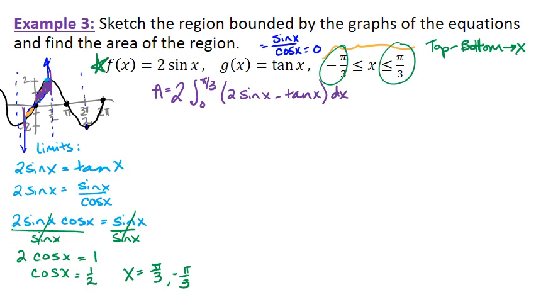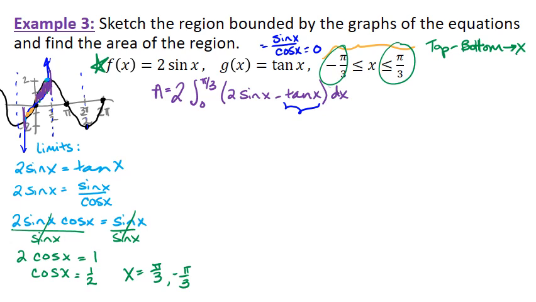Now, when I'm integrating this, your calculator can integrate this for you. You can do that, or you can do it by hand. Integrating tangent of x is sometimes something that students forget. You can look at the formula in your book or on the formula sheet I've given you.